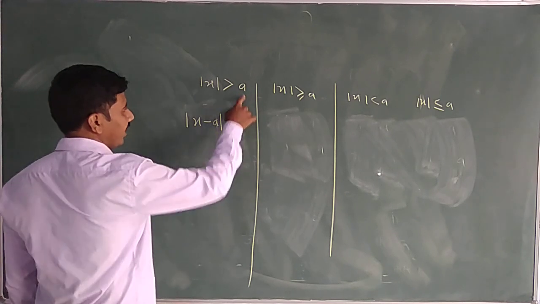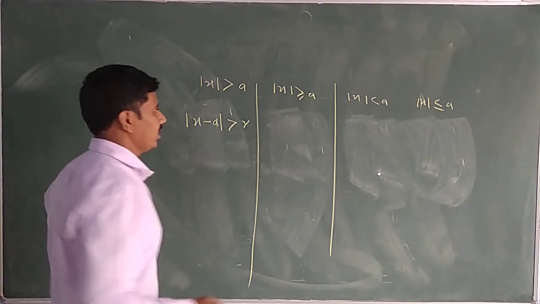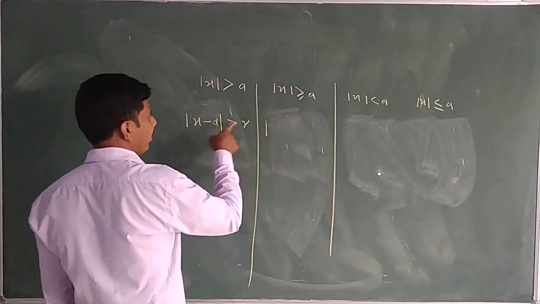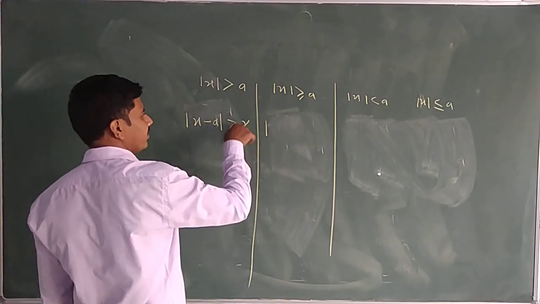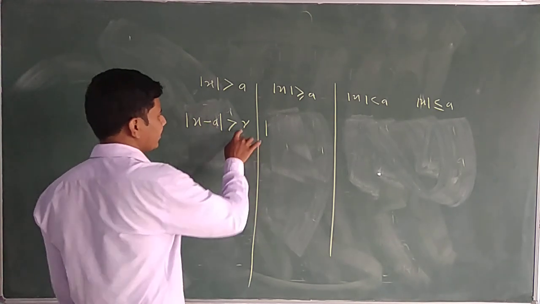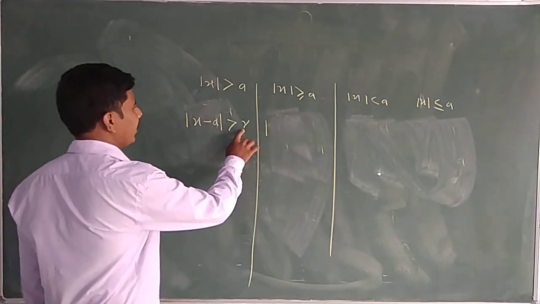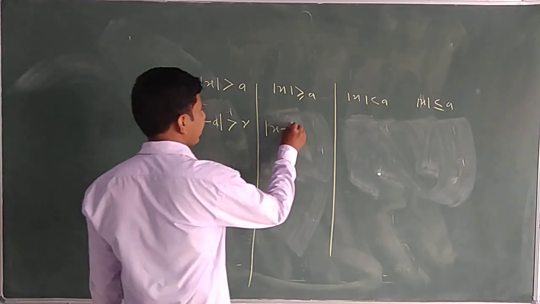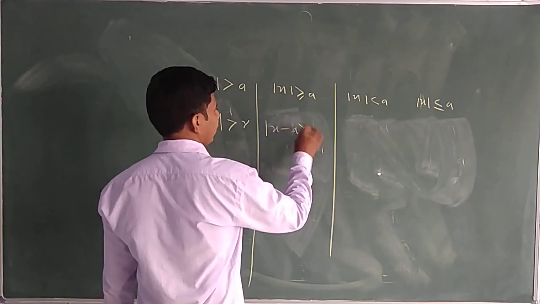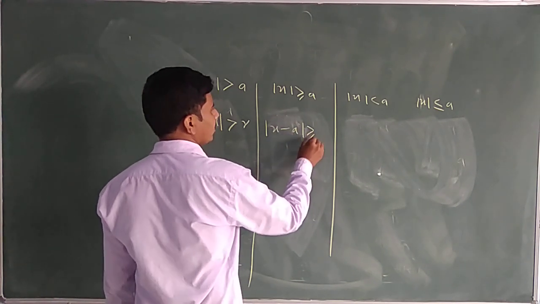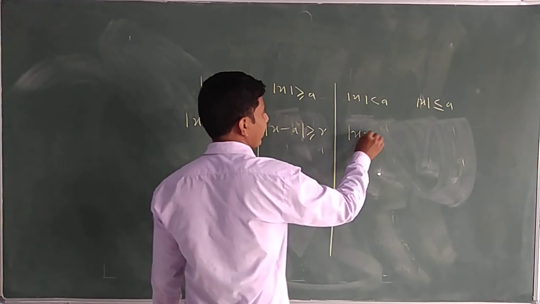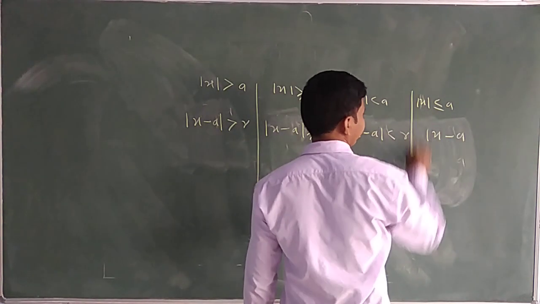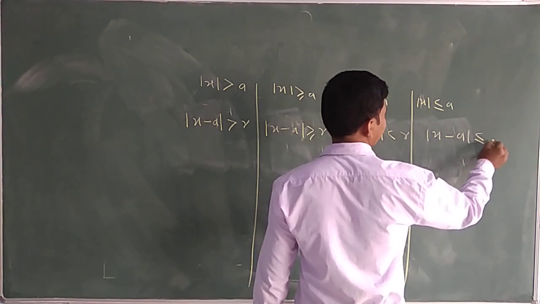I changed a to r; you can take a as it is here, but remember what I consider as r. So modulus of x minus a is greater than r, greater than or equal to r, less than r, and less than or equal to r.